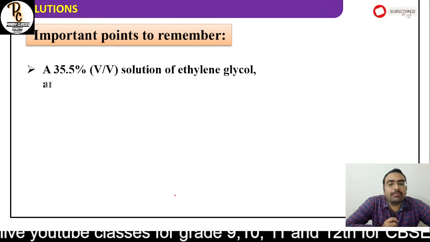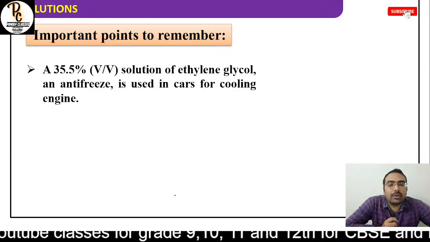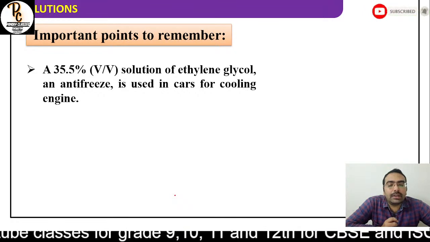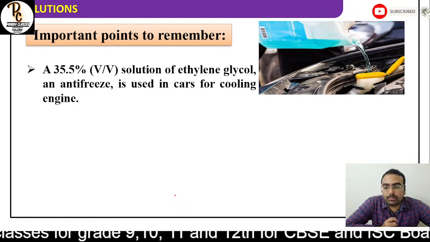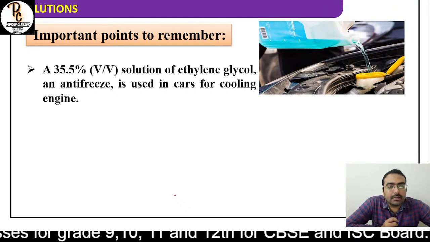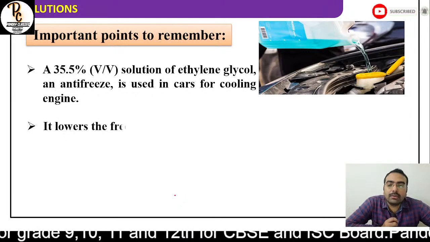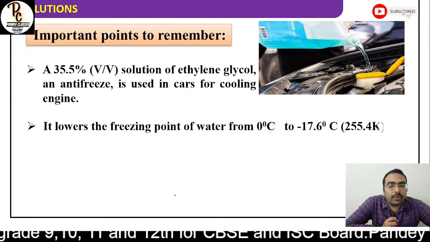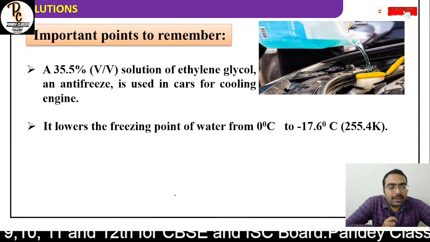Then 35.5 percent volume by volume solution of ethylene glycol, an antifreeze, is used in cars for cooling the engine. We all know, it lowers the freezing point of water from 0 degrees Celsius to minus 17 degrees Celsius.